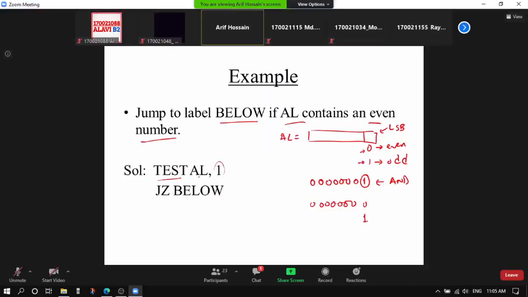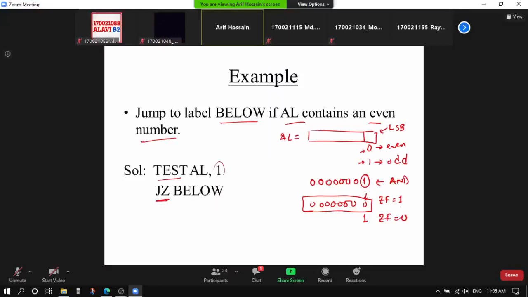So it will perform your AND operation, and the next condition is jump if zero. If you remember, the zero flag is affected. So if your result is 0, then your zero flag will become 1. Otherwise, your zero flag will become 0. So your zero flag will only become 1 if the LSB contains 0, and that is what makes it an even number.